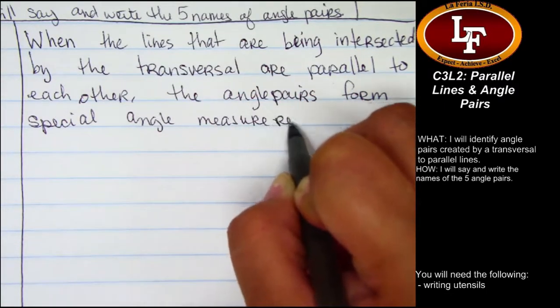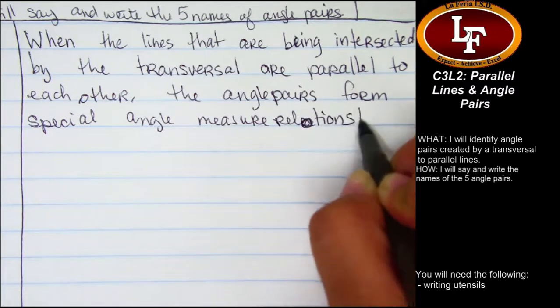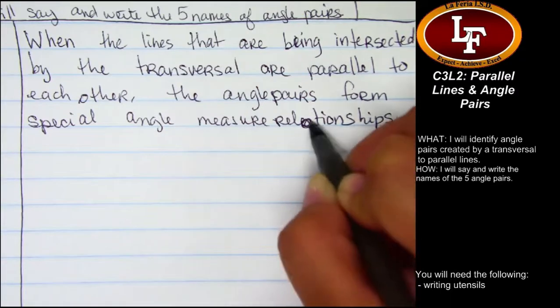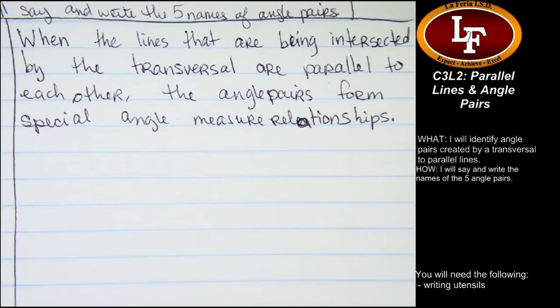What does that mean? That means that their measurements have a special relationship to each other. They're either going to be equal to each other, meaning the angles will be congruent, or the measures are going to add up to 180 degrees, meaning that they're supplementary to each other.